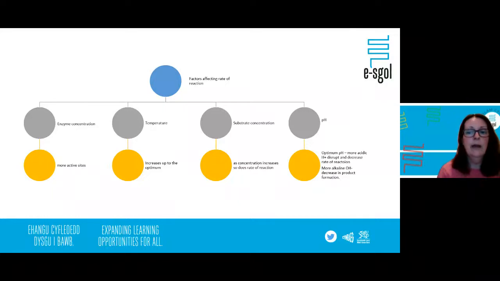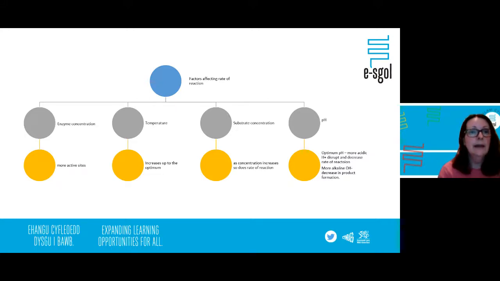Thirdly, if we look at substrate concentration, we can see that as the concentration of substrates increases, so does the rate of reaction. So the more substrates we have, the more reactions can take place.